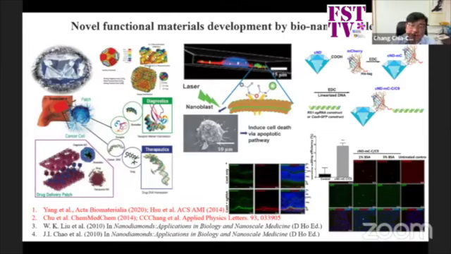This kind of nanoblast acts like a nanosurgery, making a tiny pit on the cell surface and then causing the cell to undergo apoptosis. If this material is conjugated with DNA, such as the CRISPR system, we found that our transfection efficiency is about 10 times better than the current existing CRISPR systems.